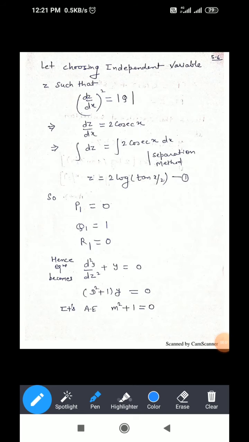So let us choose the independent variable z such that (dz by dx) whole square is equal to mod of q. Here we know that mod q is equal to 4 cosec square x. So after taking roots on both sides, dz by dx is equal to 2 cosec x.